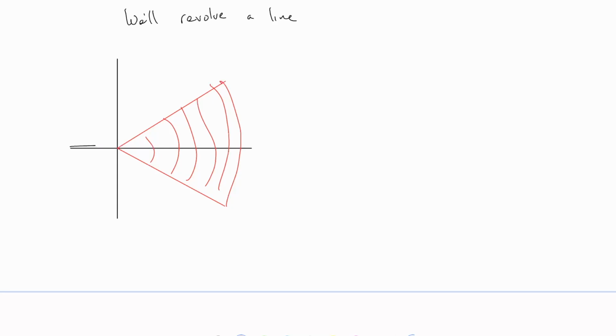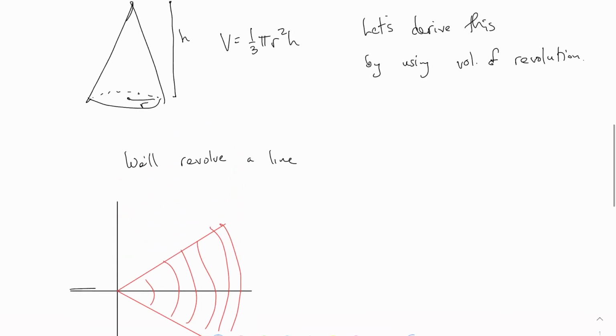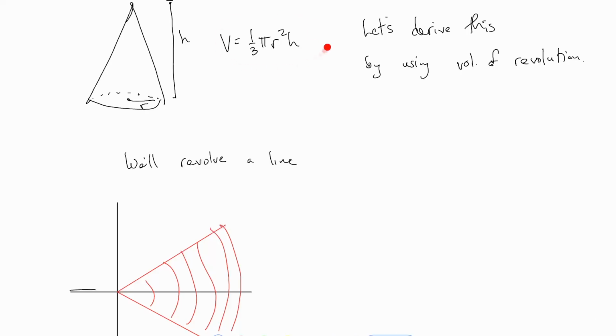Can we be specific about this line? For the sake of deriving this formula, I'm not going to use any specific numbers. I'm not going to talk about a cone with radius 2 and height 3 or whatever. I'm going to leave R and H as unknown constants the whole time.